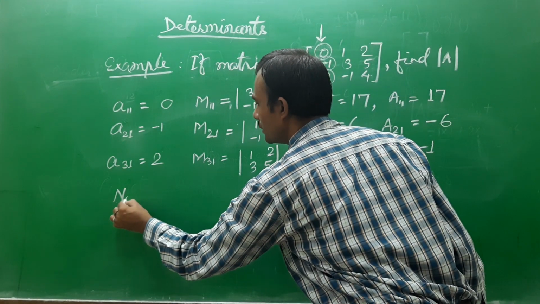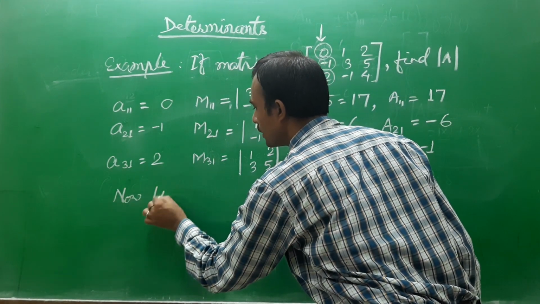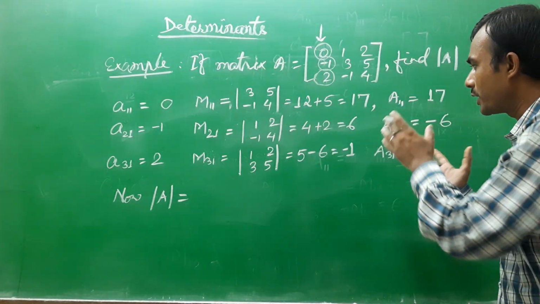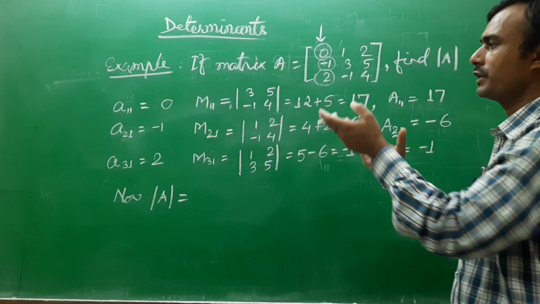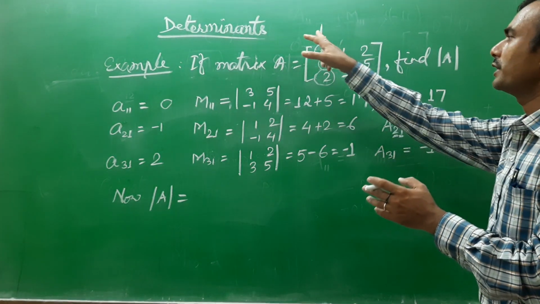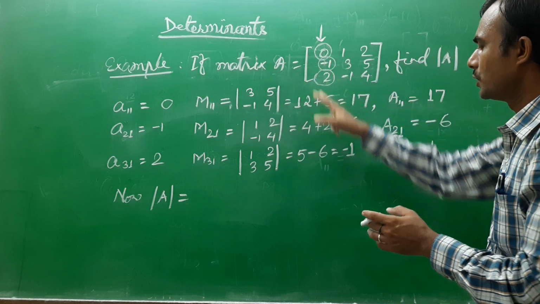Now, the determinant of A is the sum of the products of elements with their cofactors of any row or any column. Here we have selected the first column.